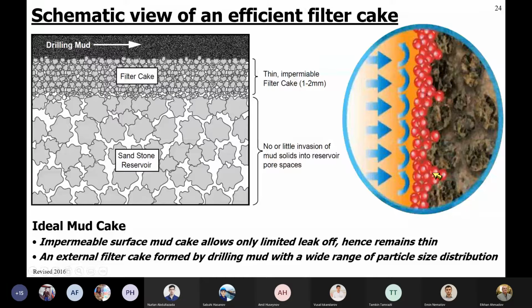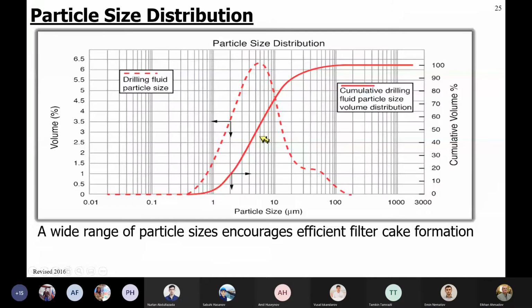Here you can see the range is from 0.1 micrometer up to 100 micrometers, and then the kind of filter cake formation.